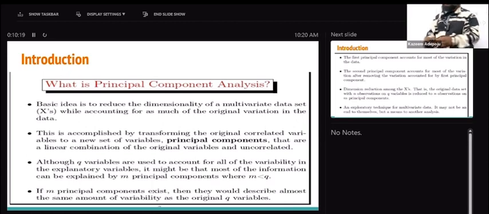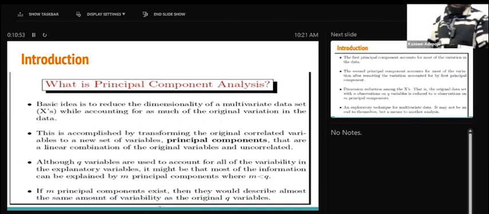Now, using feature extraction, we're going to produce 10 new principal components in such a way that each new variable is a combination of all the old variables. But at the end of the day, we're not going to use all the 10 new principal components. We're only going to use a few of them.